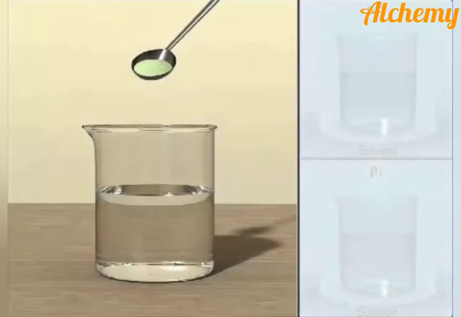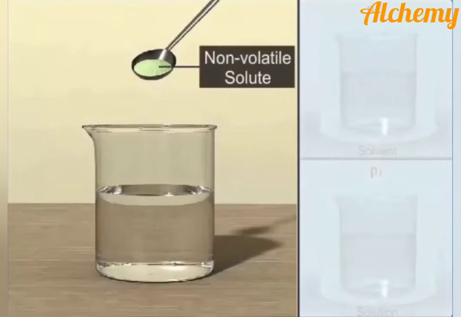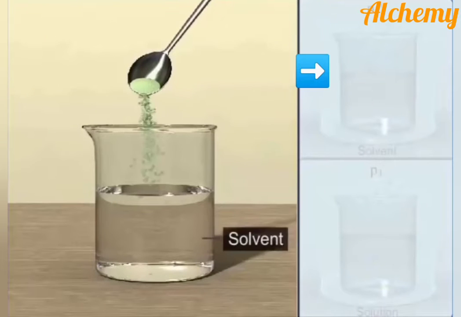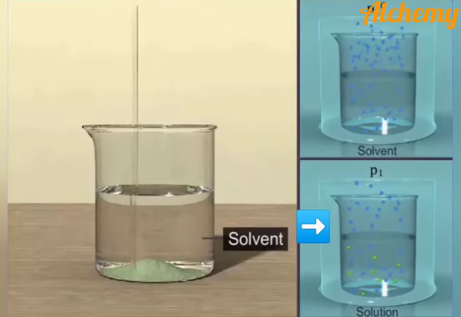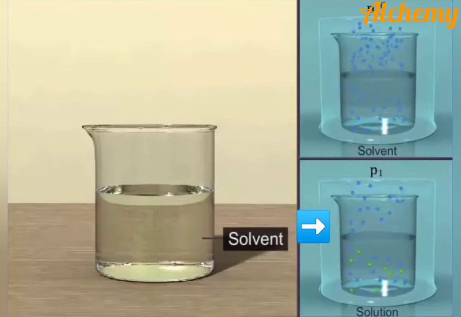According to this property, when a non-volatile solute is dissolved in a solvent, the vapor pressure of the solution formed is decreased compared to the vapor pressure of the pure solvent.